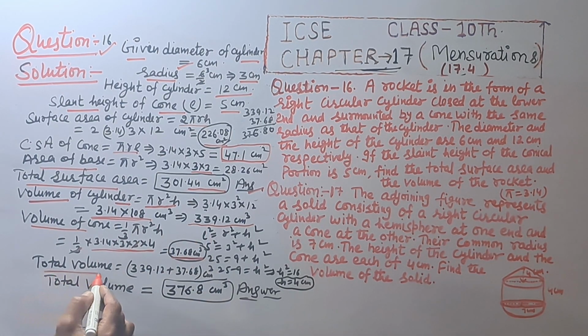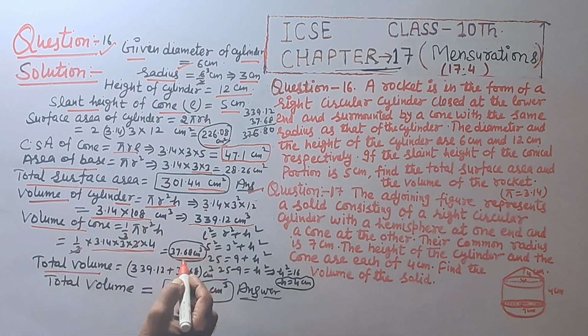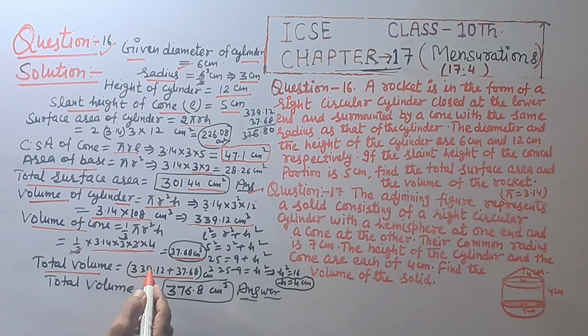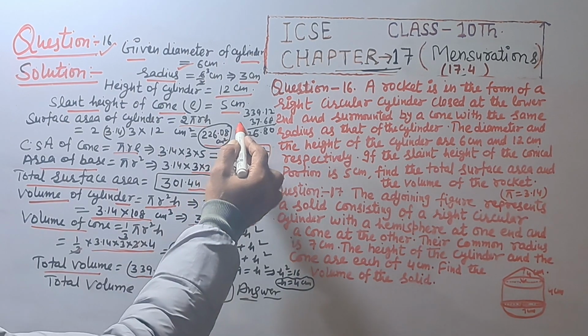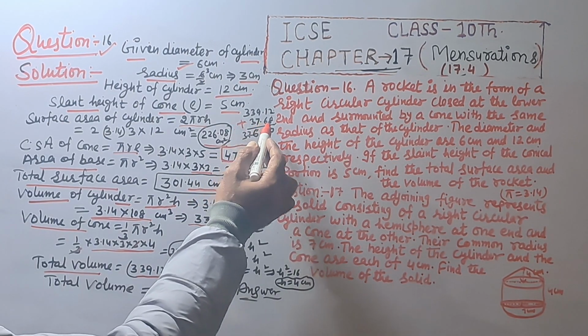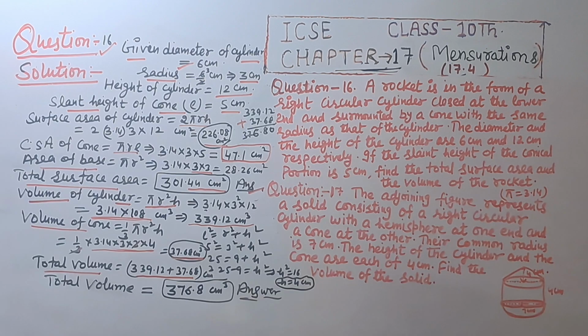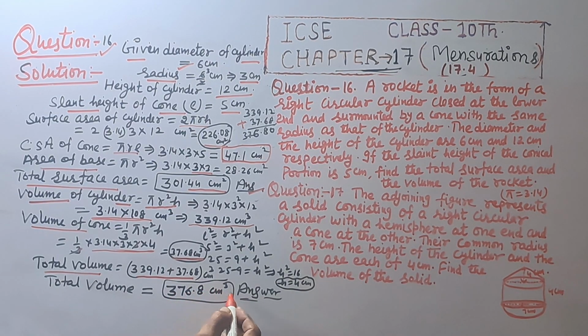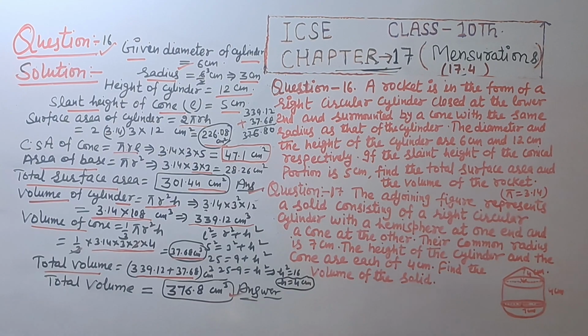And total volume is equal to volume of cylinder plus volume of cone, that is 339.12 plus 37.68, that is 376.8 centimeter cube. Answer. Thank you.